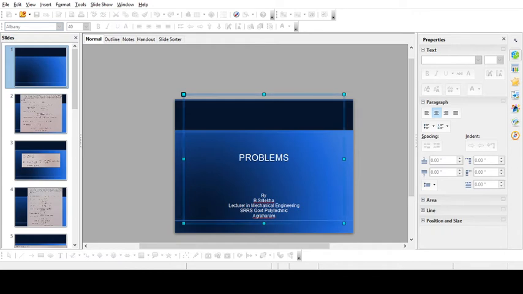Now, diameter of the bar is 16 mm. Area of the cross section will be pi d square by 4. It is simply pi into 16 square by 4. So you will get a value of 64 pi mm square. Next, given that pull is 27 kilonewtons, it is nothing but the tensile load P is equal to 27 kilonewtons.